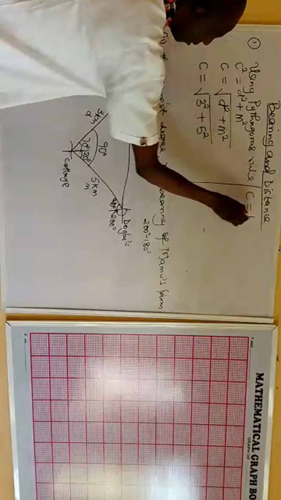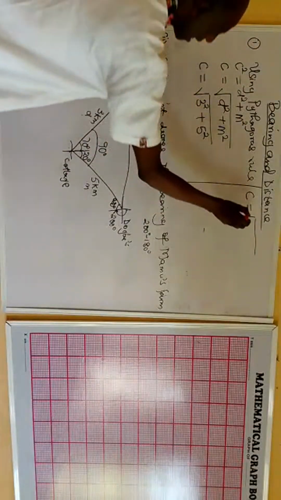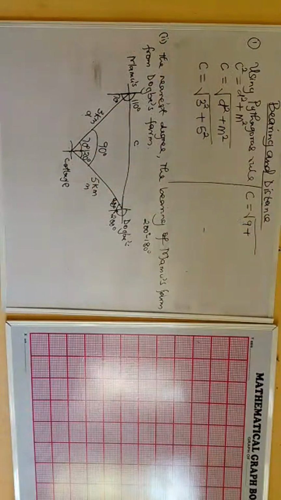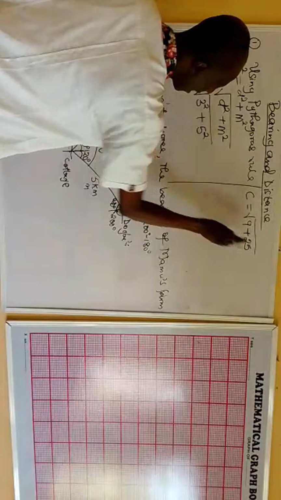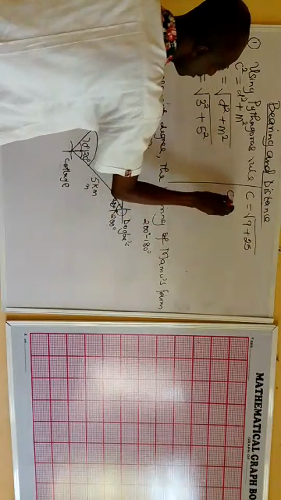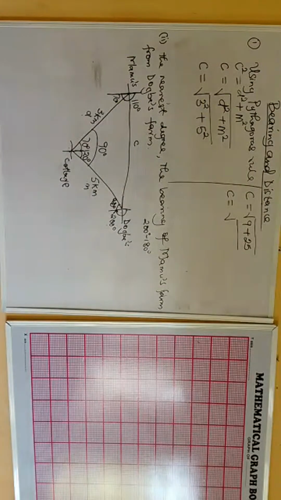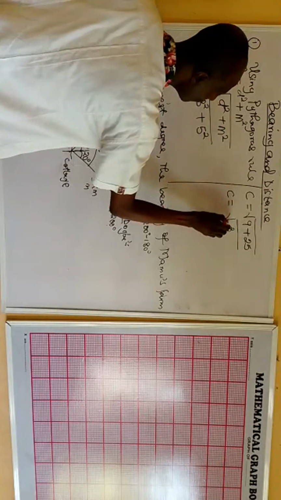C is equal to the square root. What is 3 square? It gives us 3 times 3, which is 9. What is m square? M square is 5 times 5, gives us 25. C is equal to the square root of 25 plus 9, which gives us 34.